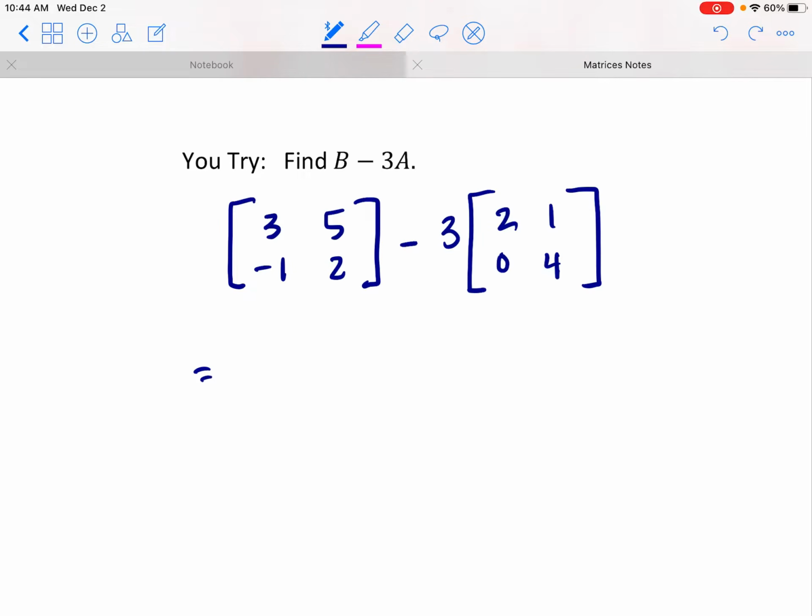So maybe I'll distribute the 3. I'm going to leave the 3, the minus 1, the 5, and the 2. Leave the minus.